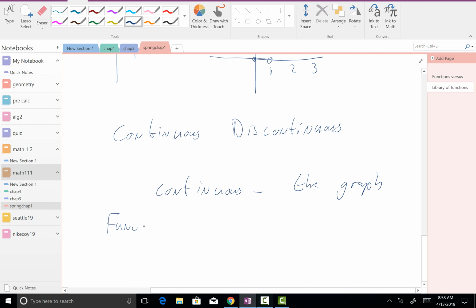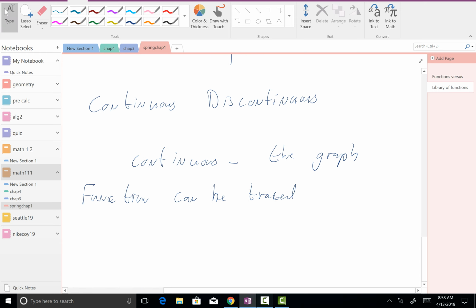So continuous is a graph of a function that can be traced. This is not a real mathematical definition, but it sure works. A graph of a function can be traced if you never have to lift your pencil or pen.